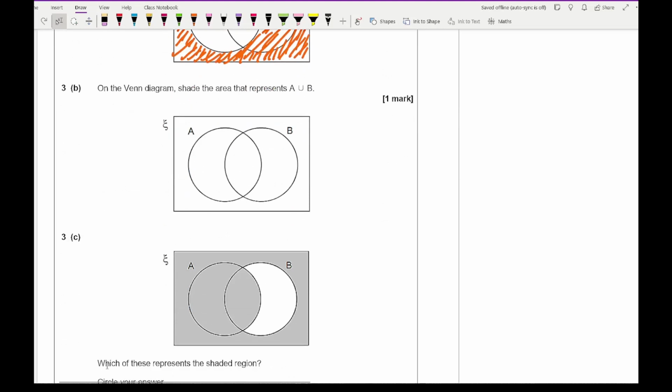Then it says for B, shade the region that is represented by A or B. Now for this, what you want to do is shade in A, which is this bit here. Again, just ignore the neatness, hopefully you get the gist. So that's my A. I then want to shade in B, which is this bit here.